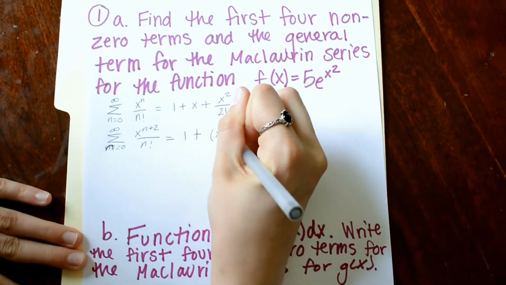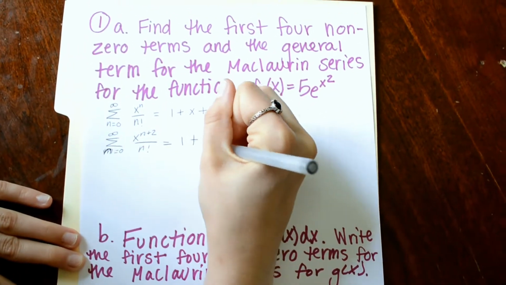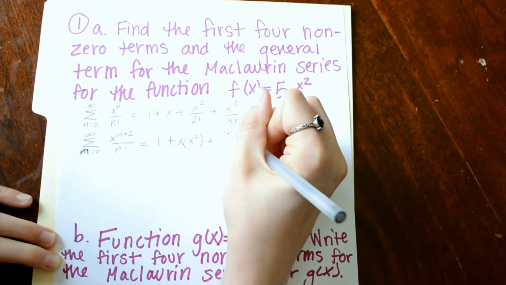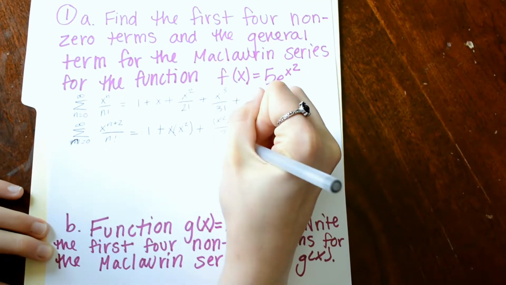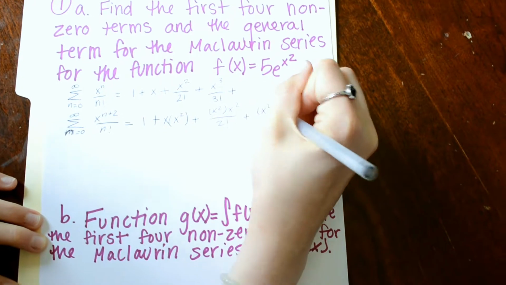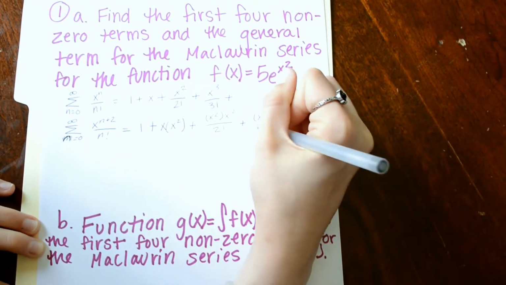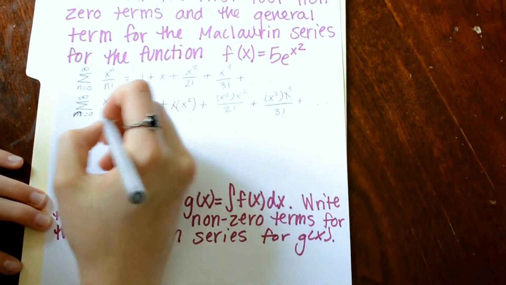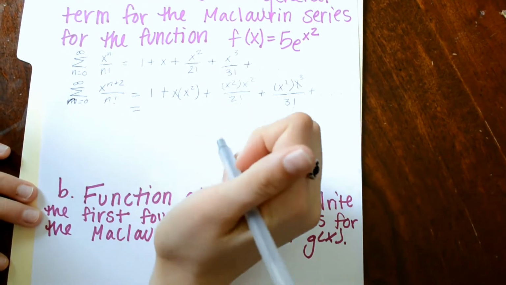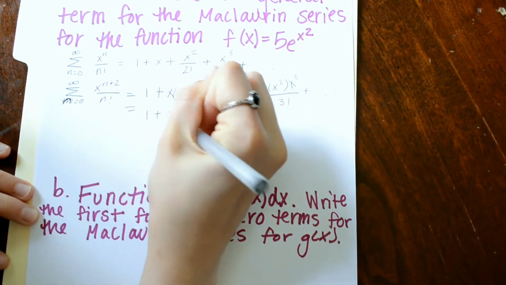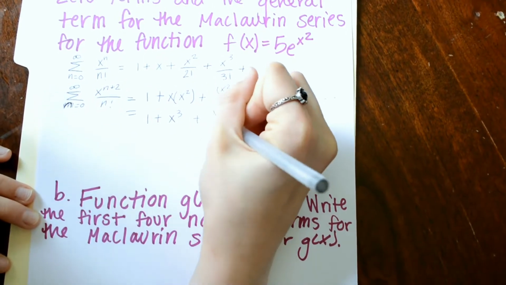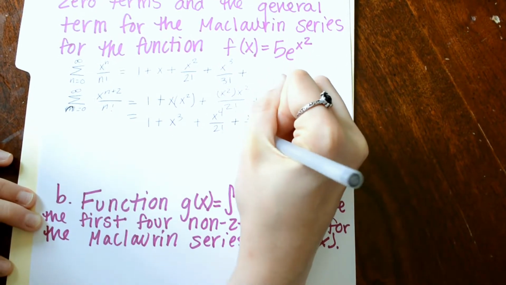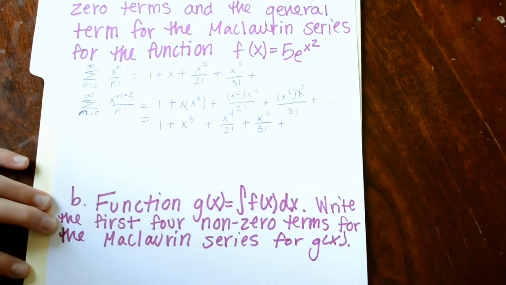So this would become x squared times x, plus x squared times x squared over 2 factorial, plus x squared times x cubed over 3 factorial, and then it goes on, which can also be written like this, which will make it easier to move on to the next one. So you would start with 1 plus x cubed plus x to the 4th over 2 factorial plus x to the 5th over 3 factorial plus ... Hopefully you can read that.